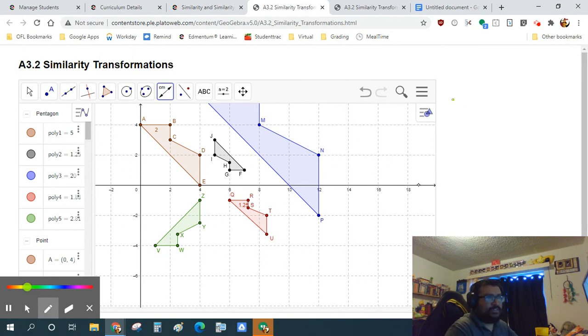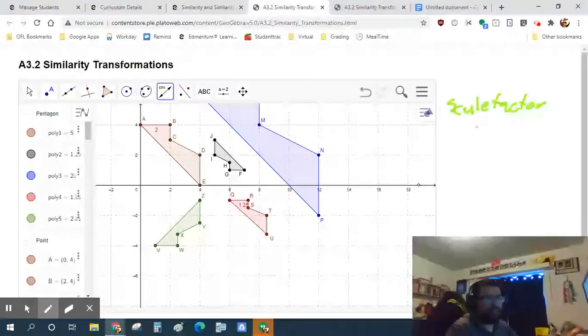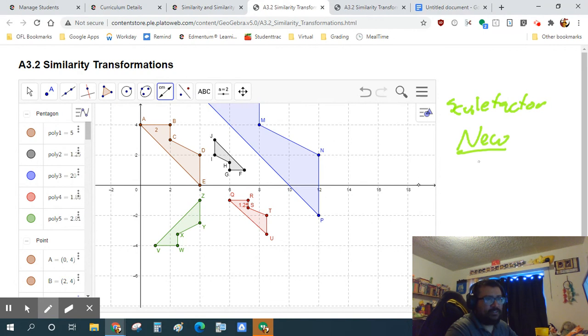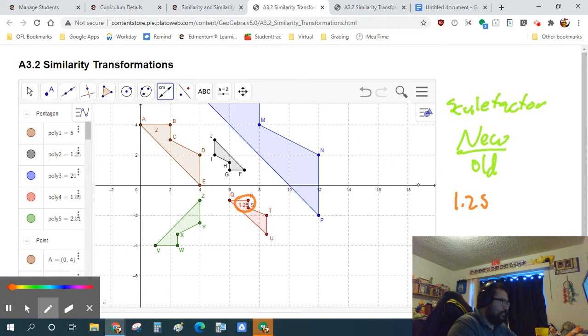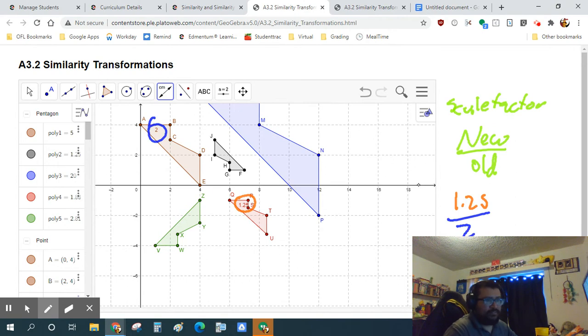Whenever you're doing scale factor, it's new divided by old. So in this case, our new is 1.25, and our old is 2.